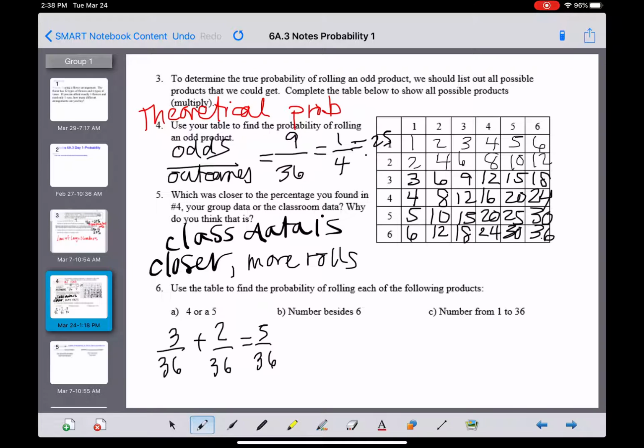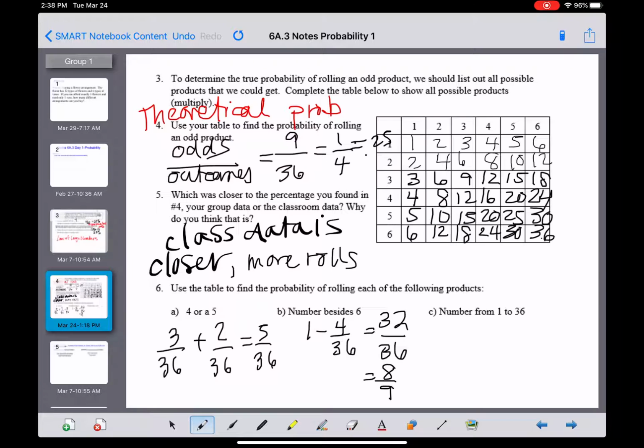And then a number besides 6. So one way we could look at this is finding how many 6s there are. And I see 4 of them. Now, 4 out of 36 is what the probability would be for a 6, but we want besides 6, so if we were to count up everything else, it would just be 1 minus that, or 36 minus 4, which is 32 out of 36, or 8 out of 9.